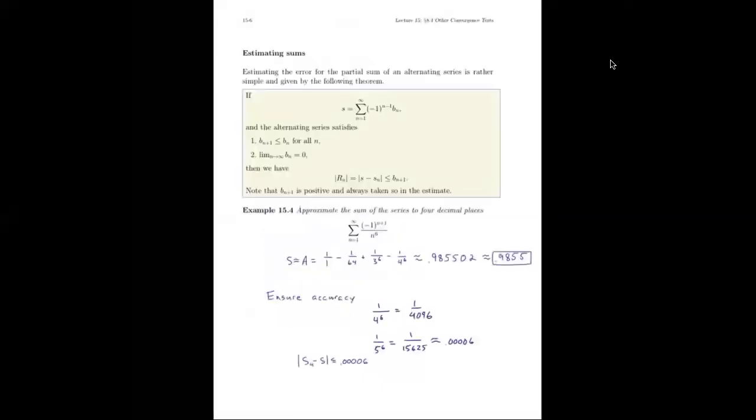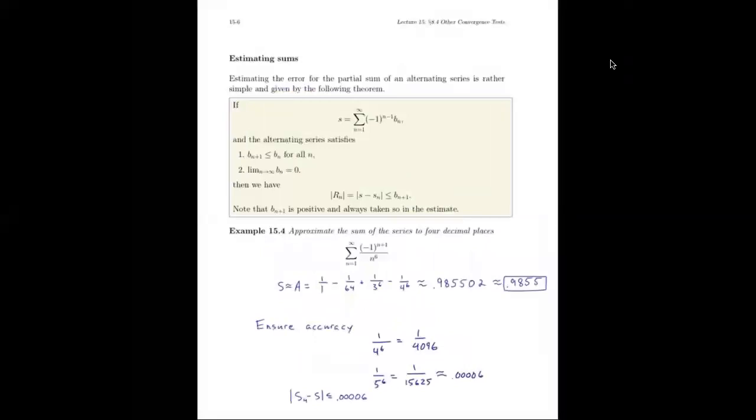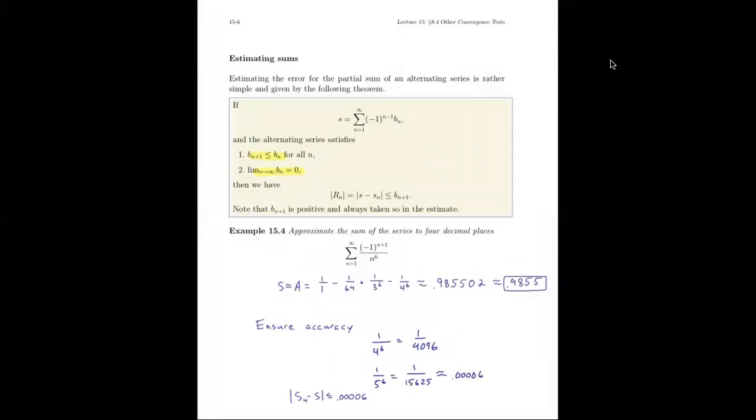So let's look at one more thing before we end this first of the two videos for 8.4, and that's estimating sums. So if we're given an alternating series with positive terms b sub n, and then alternating (-1) to the n power term, and we have that it's decreasing, and its sequence of series terms has a limit of 0.